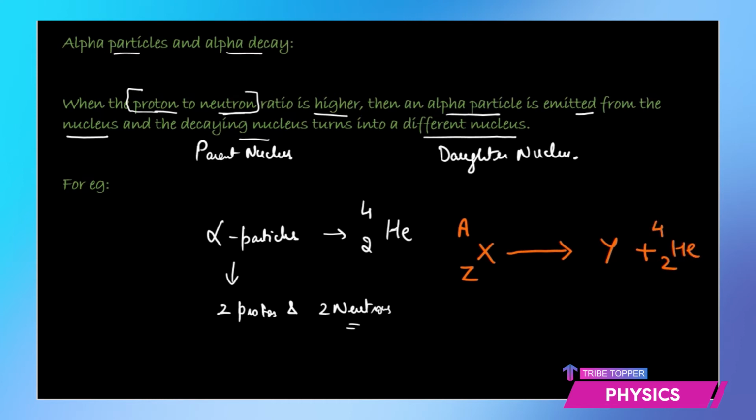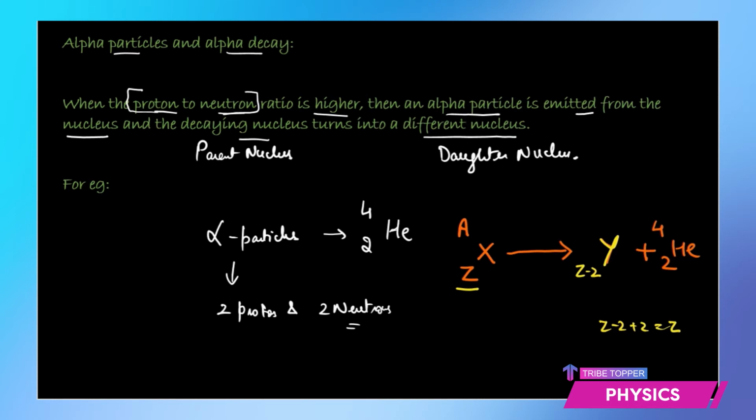According to the conservation of charge, if the total number of protons was Z initially, the total has to be Z finally as well. That means the daughter nucleus is going to have Z minus 2 protons, because Z minus 2 plus 2 gives you Z again. So the total has to be Z on the left side and Z on the right side.